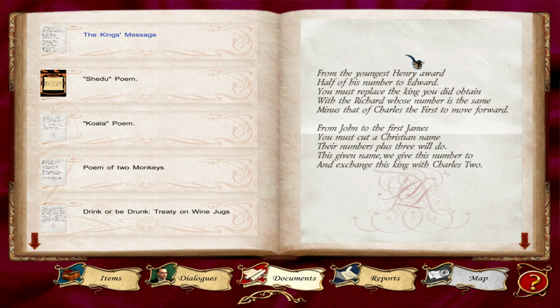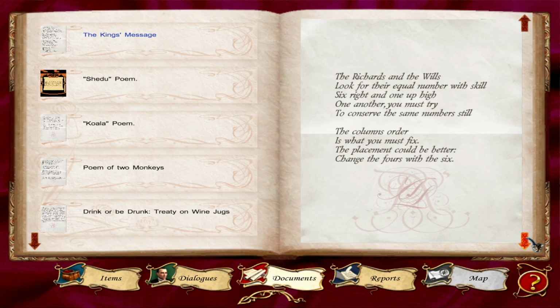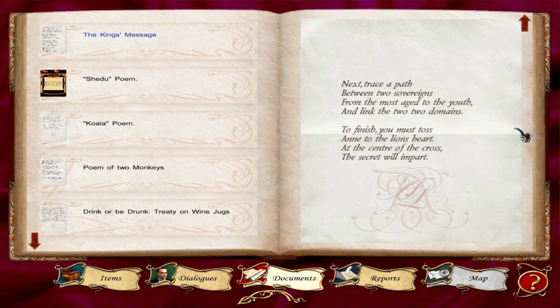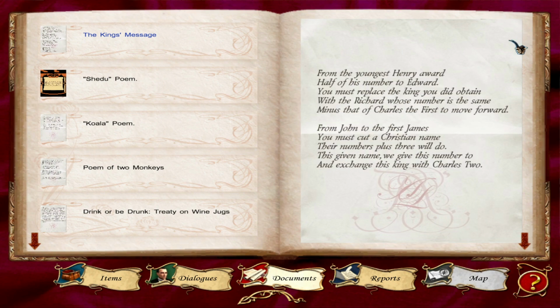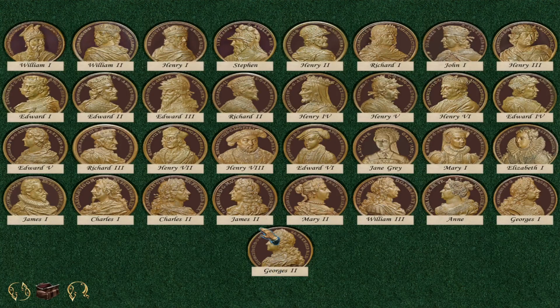I'm assuming that's the first thing we have to do. And then from John to First James. Oh, there's more here. Oh man, this is an involved process. So we're taking Edward the Fourth and replacing it with Richard the Third, based on my notes.